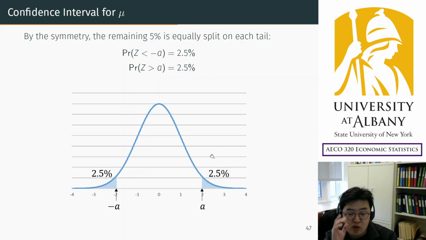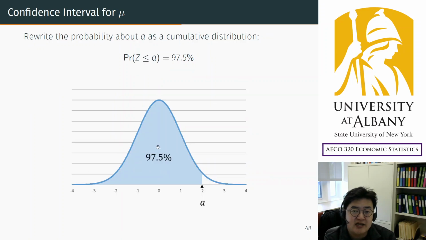But what we want is the cumulative probability for a, which in the end becomes 97.5%. So a is still unknown, and we would like to solve for a. The cumulative probability of a equals 97.5%, so you can use the normal distribution inverse formula in Excel.